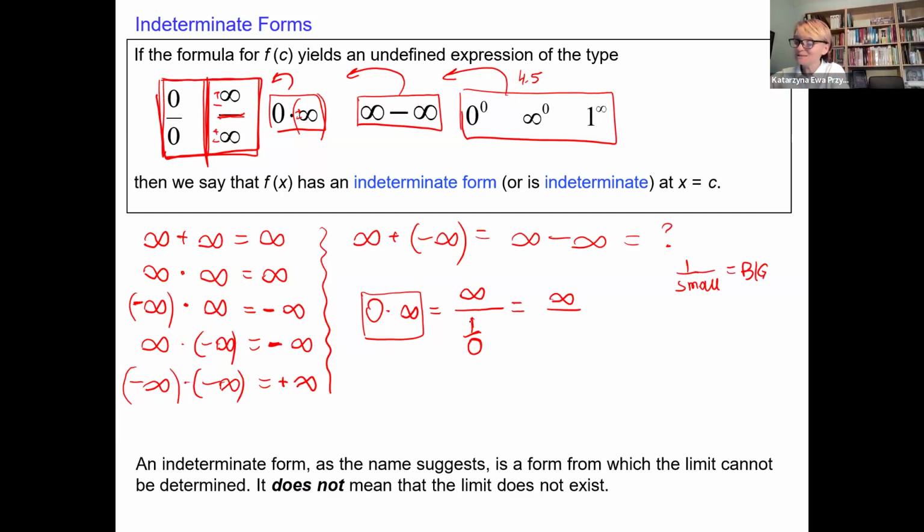That means 1 over small is big. We still have to know if it's the right-hand side or the left-hand side of 0, because then it will be respectively negative infinity. Do you see that funny thing? The product we rewrite in terms of the quotient, and one of them always will be.